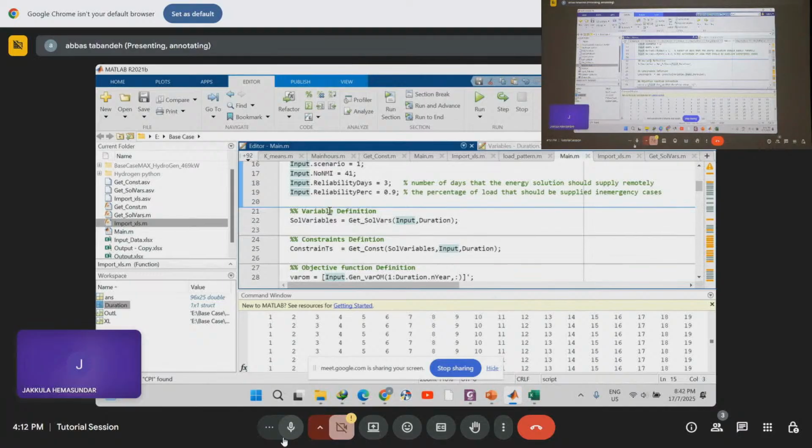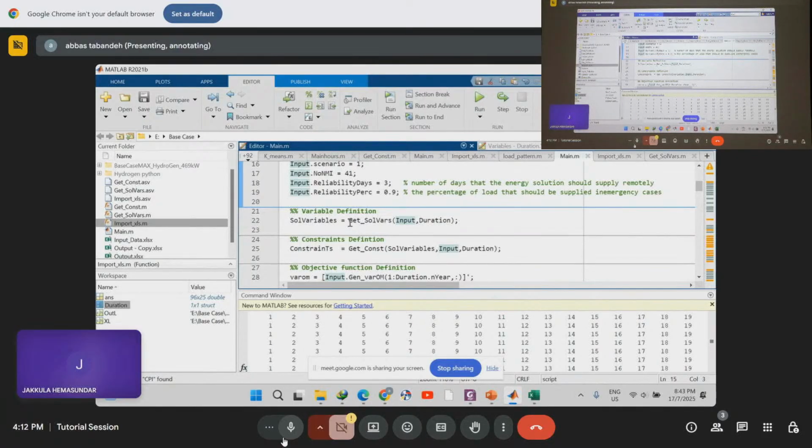Decision variables are, for example, the output power generation of each technology, or what is the optimal size of each technology. Then from them we can calculate, for example, the costs. Although cost is a variable, it's not a decision variable. It is dependent on decision variables.